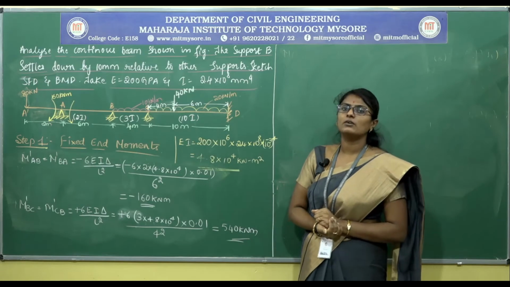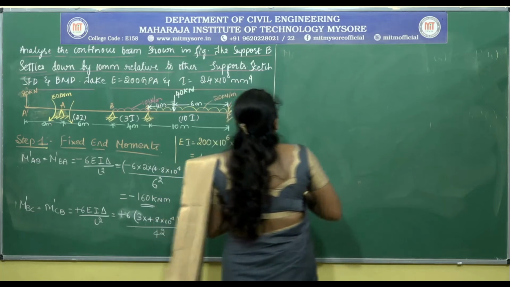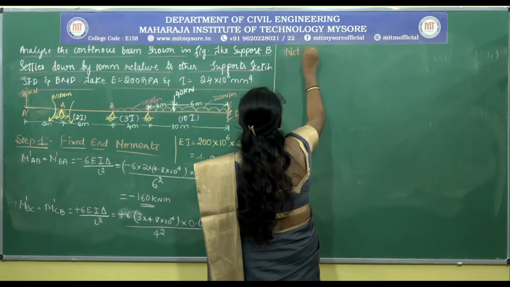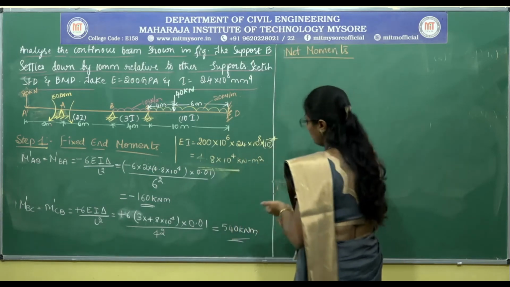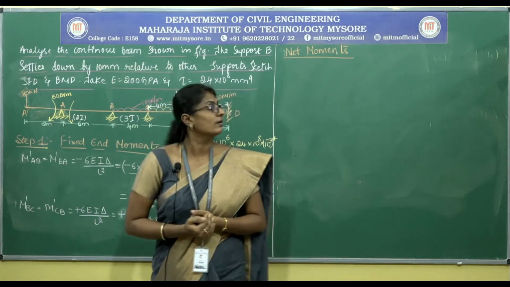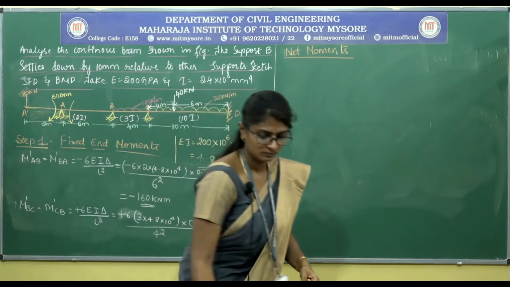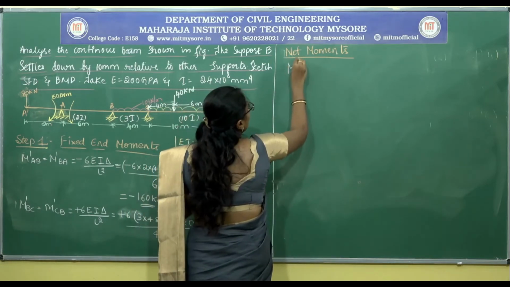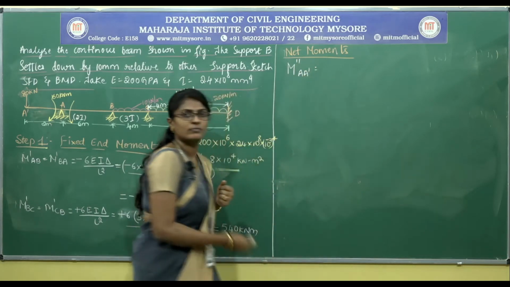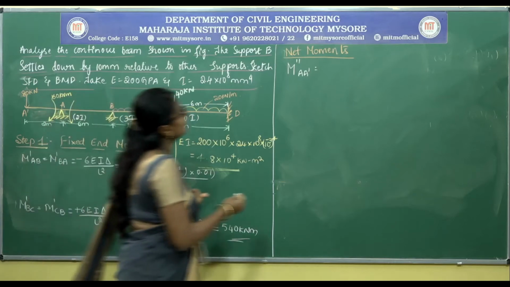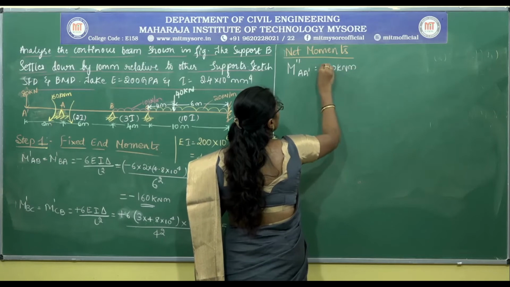the net moments or net fixed end moments for this span. So finally the net moments, as we calculated, M double dash AA dash is already calculated, which is equal to 160 kilonewton meter, it is positive.